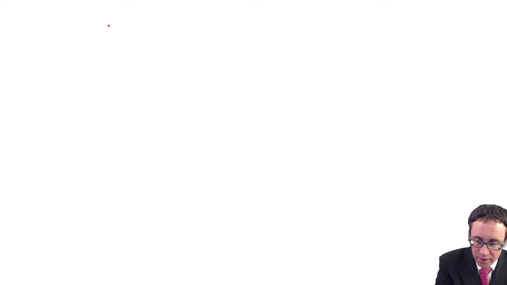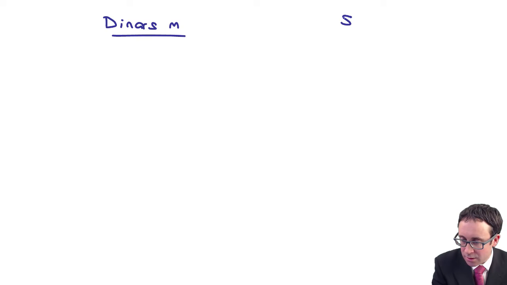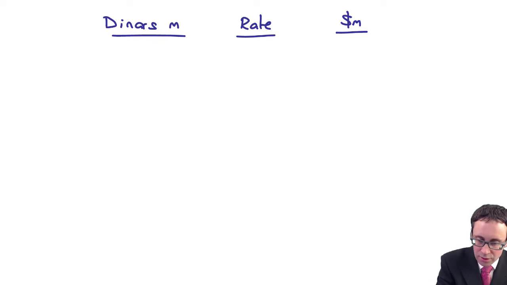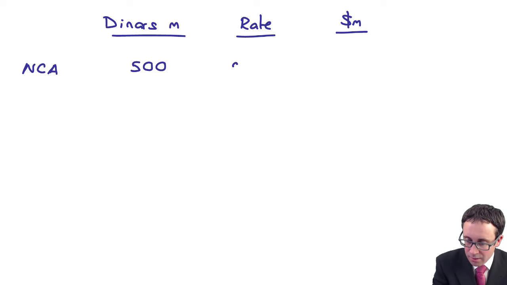So again, what we've got there is we're going to go through and look at the figures in millions of dinars, translate it into millions of dollars, and then we're going to look at the rate that is used. So here you've got your non-current assets, which I think were 500.